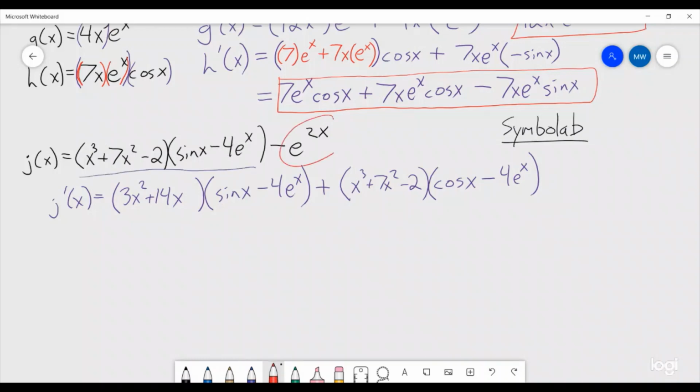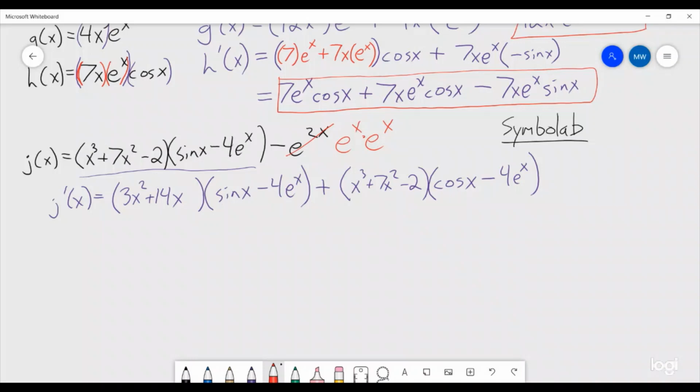How should we attack e to the 2x? Well, we could use the chain rule. That's one way we could do it, and we would get a minus 2e to the 2x. Or what we could do is write this as a product rule, because we could rewrite e to the 2x as e to the x times e to the x. Once we have it written this way, it is pretty clear how we can do that as a product rule.